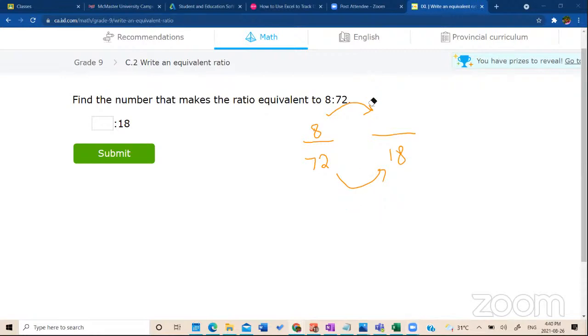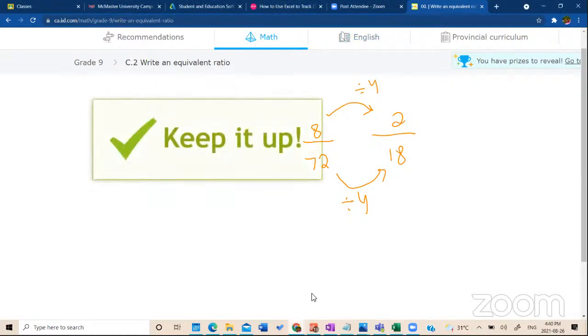Sorry, I wrote the wrong thing. 72 divided by 18, so we got divide by 4. Right, 72 divided by 4 is 18. And 8 divided by 4 is 2. Okay, very good. Just writing down the steps so that we can see it clearly. Okay, let's try this one now.